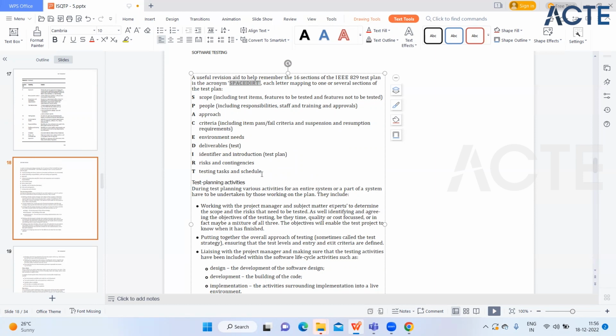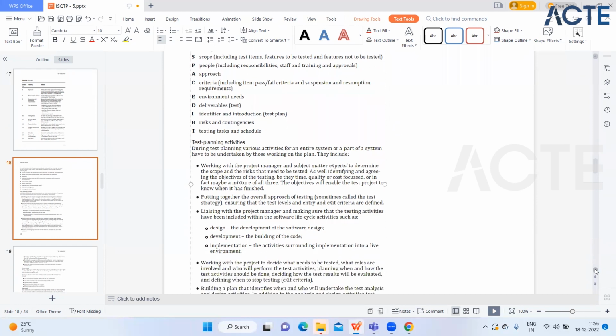But actually, you just have to remember these names by heart, because they have defined here scope, people, approach, criteria, environment needs, deliverable, and all these things. But actually, you have to remember these 16 elements, okay? Because you will get the name and you have to choose the option.